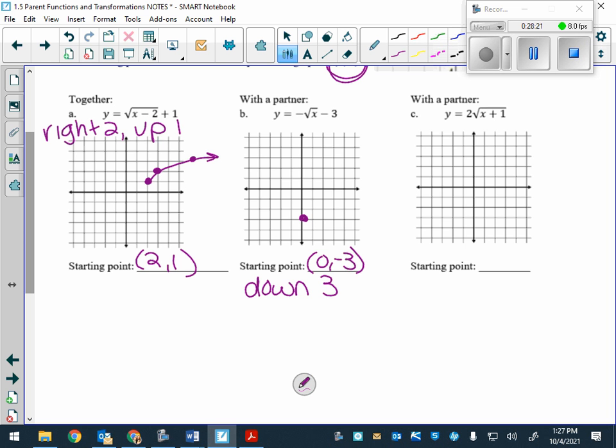Down 3 and a reflection. Okay. Perfect. Reflection because it's negative. Down because it's negative 3. So if you needed to, some people are getting stuck in terms of points, but this is your starting point. So just remember, you can't have negatives inside a square root. We'll make it imaginary. So it's going to be all the x values that are greater than this 0.